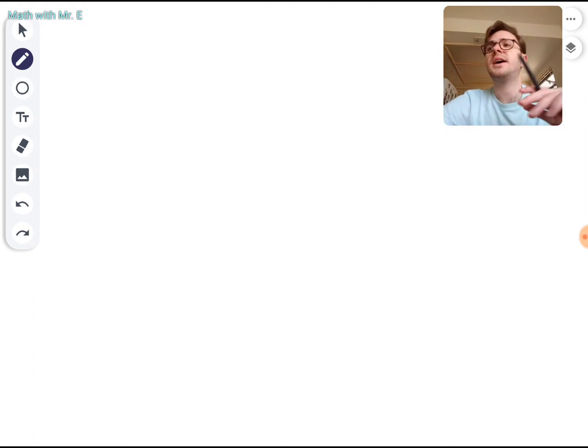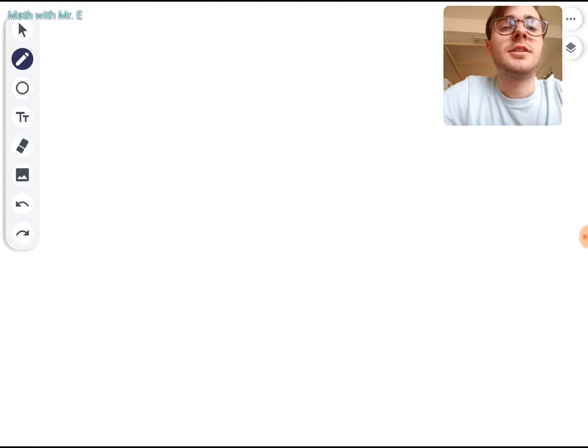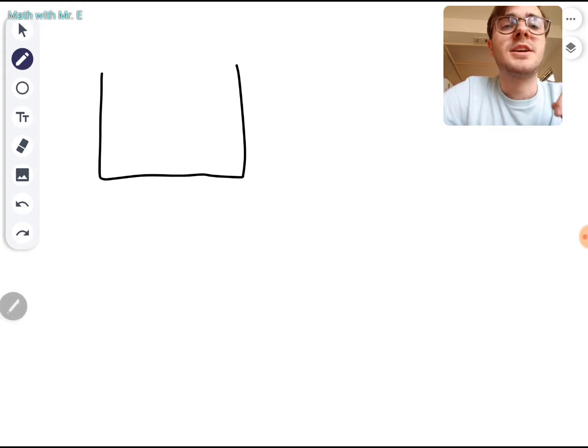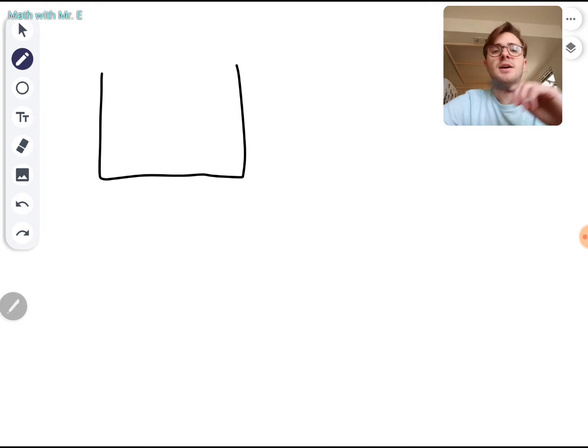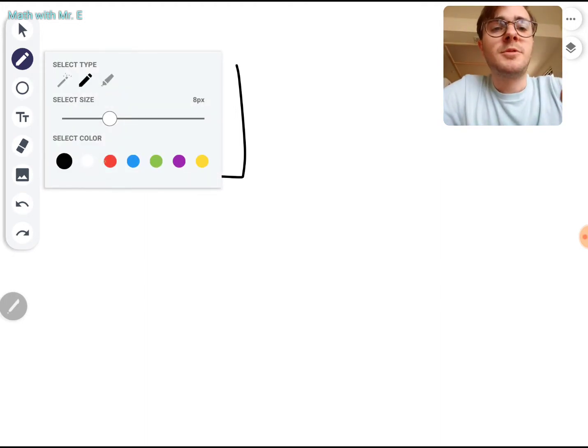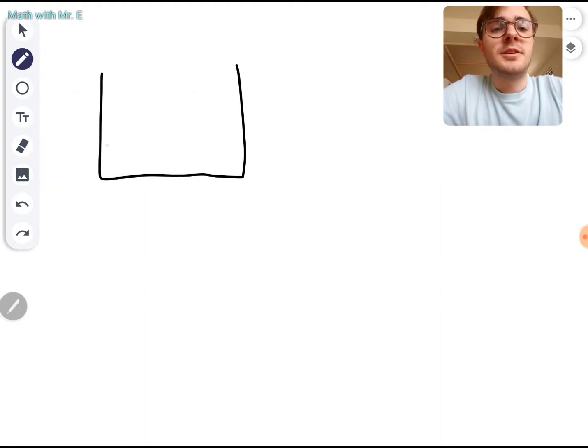Okay, so let's go ahead and draw a little, terrible picture, but a picture representing our box. So there's our box, and it's got 1 red cube, so we'll make 1 little red cube. Okay, not exactly a cube, but you get the idea.